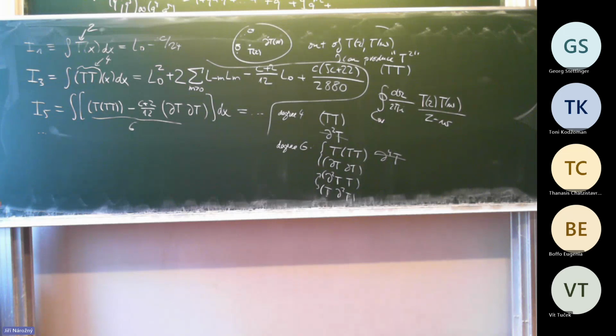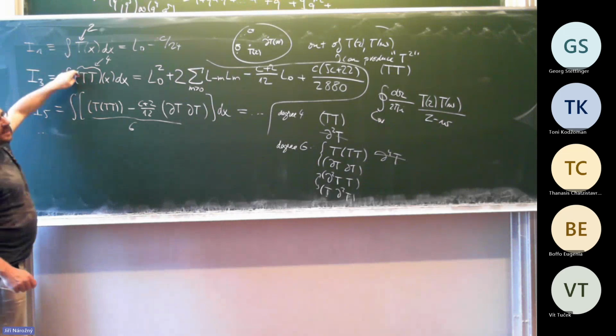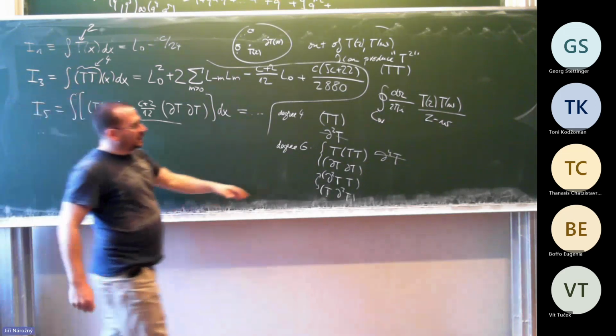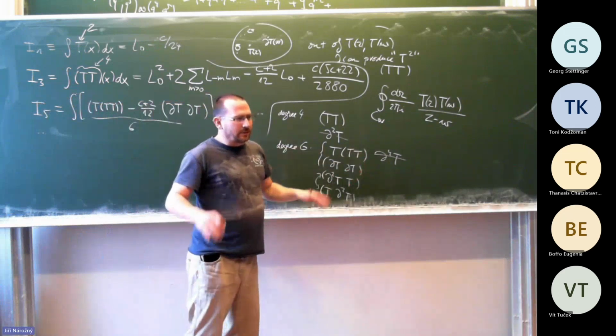I'm not sure about the status of whether it's proven or not, but I know that if you calculate it for the first 30 degrees, then there is always a unique choice in each dimension or degree up to the overall normalization, because you can always rescale it by some constant. So in every even degree, there is always a unique choice, and in every odd degree, they are all total derivatives, so there is nothing.